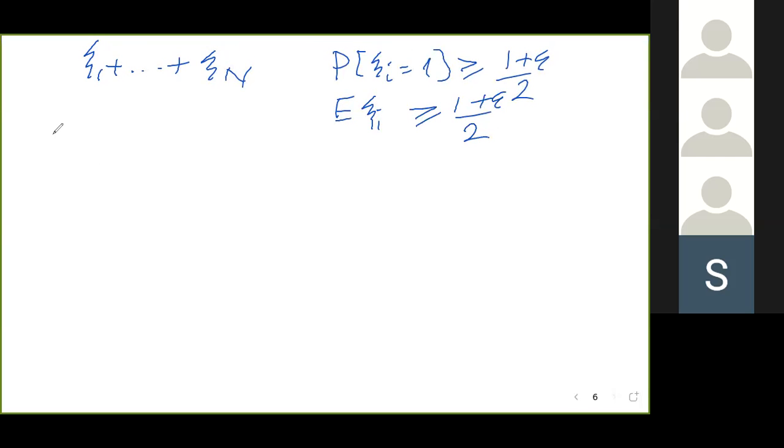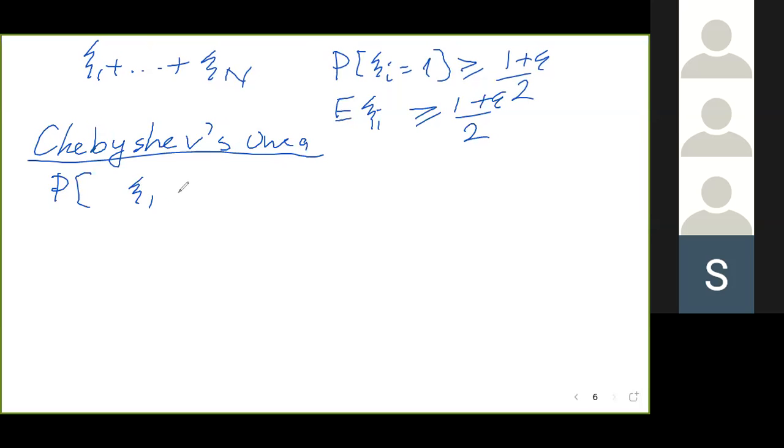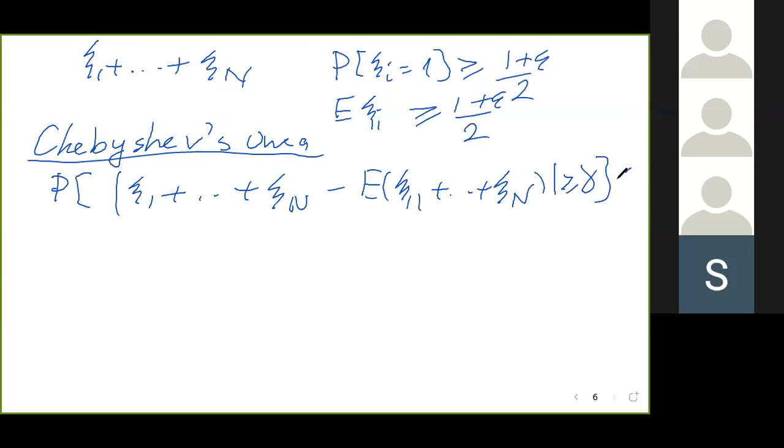And now the Chebyshev inequality states that the probability that x1 plus ... plus xn differs from its expectation by at least, say, gamma, is at most the variance of this variable over gamma squared.